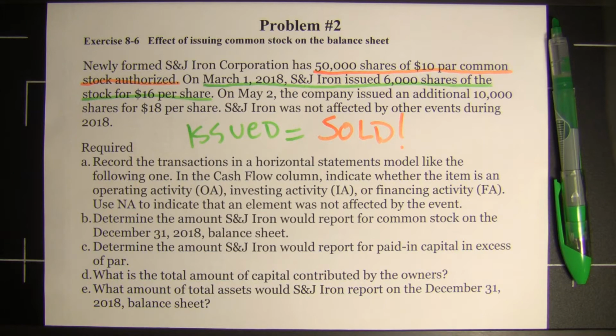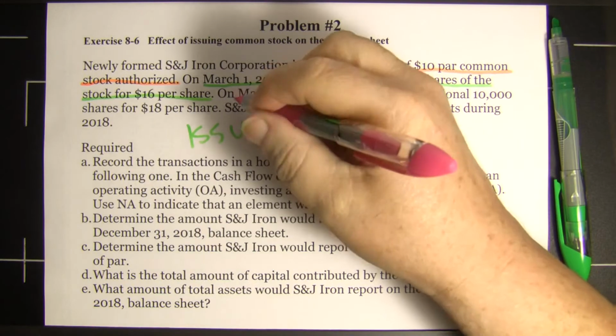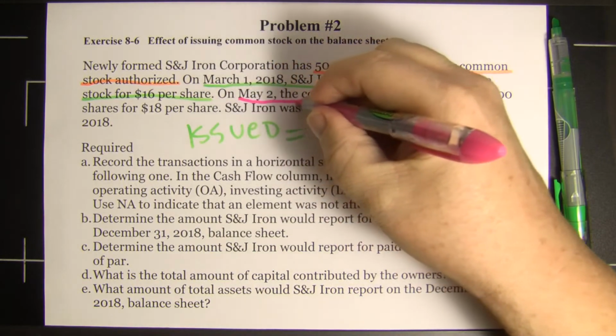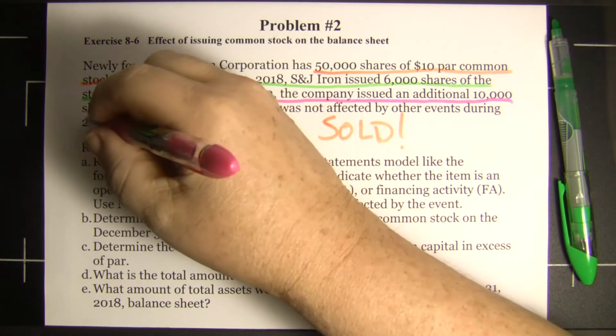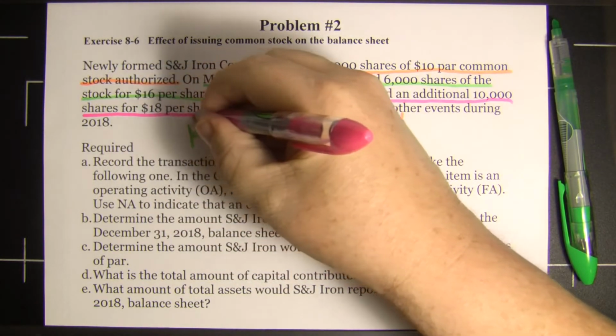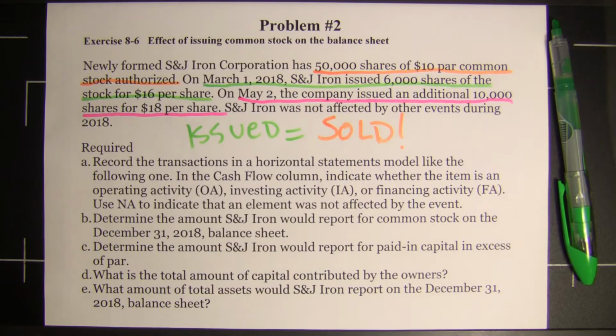Okay? So they sold 6,000 shares of stock on March 1st. On May 2nd, the company sold an additional 10,000 shares of stock for $18 per share.